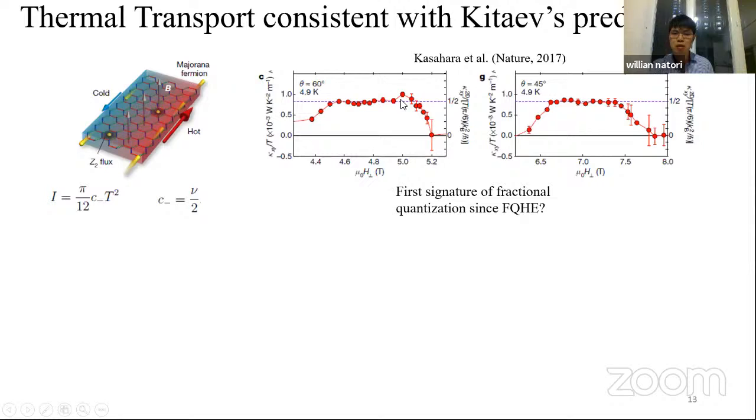You find that this line here corresponds to the C minus terms, and they found it equal to 1/2 for different configurations. So this paper from Kasahara and others would correspond to the first signature of fractional quantization since the fractional quantum Hall effect. Again, there is still no confirmation of this, but this is interesting.